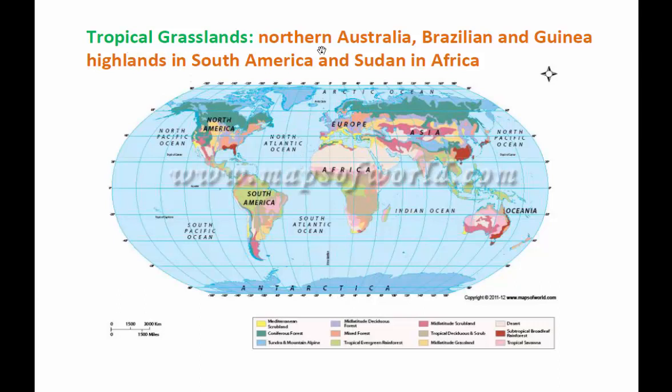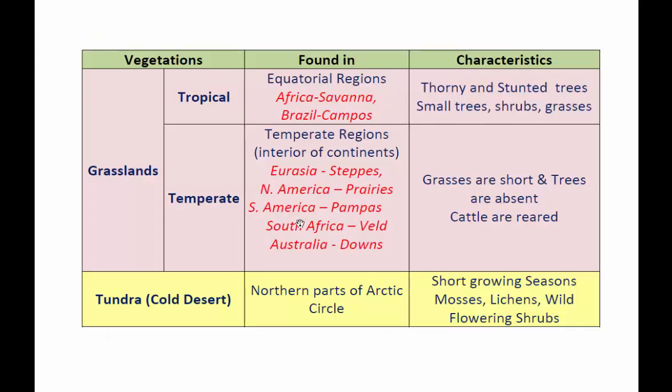They are found in northern Australia, Brazilian and Guinea Highlands in South America, and also in Sudan in Africa. So these are tropical grasslands, and tropical grasslands are mostly found in the equatorial regions.